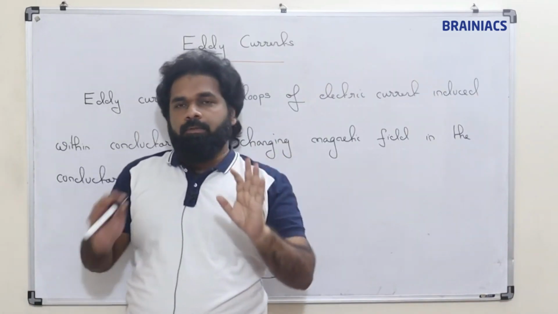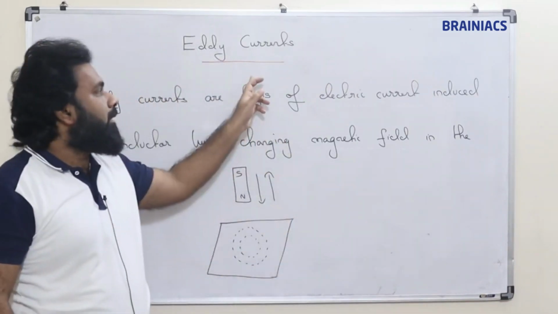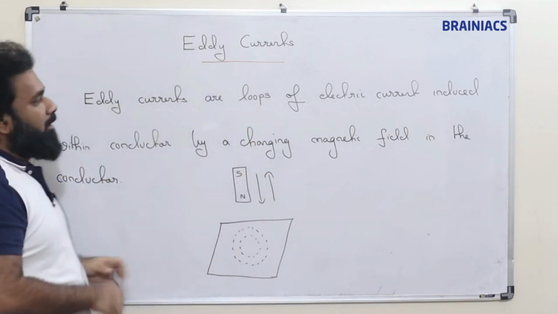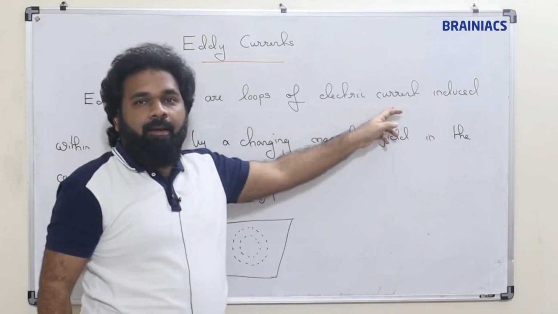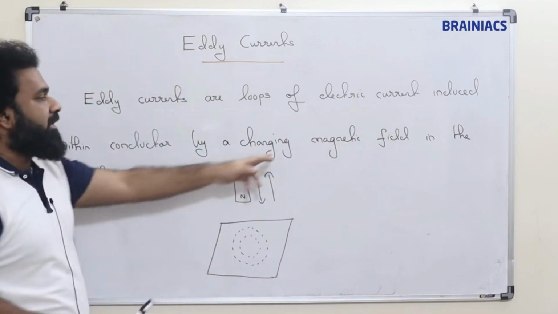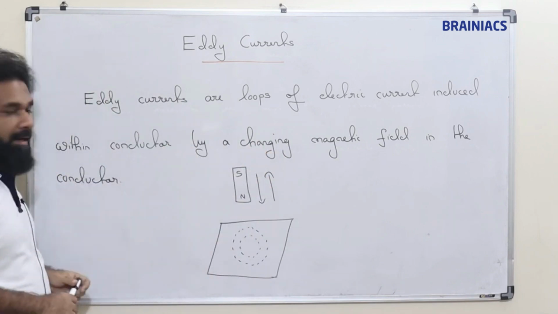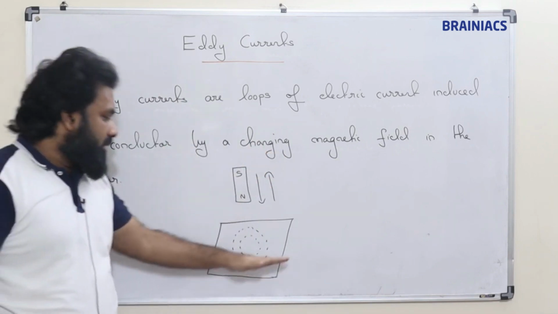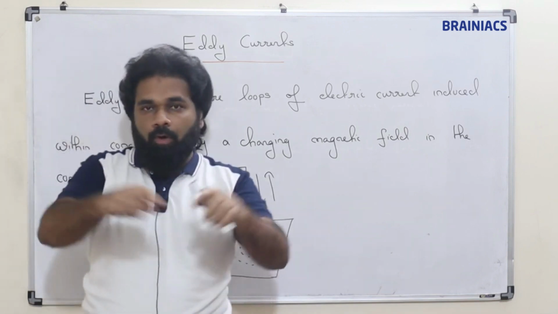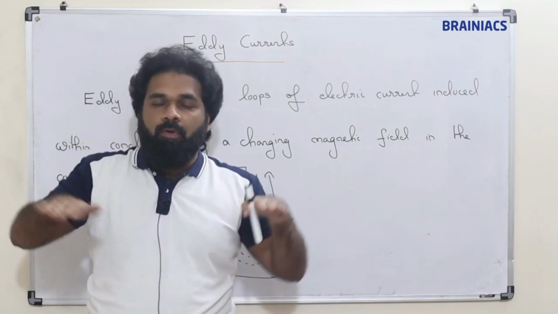See, students, another small topic is eddy currents. Eddy currents are loops of electric current induced within a conductor by a changing magnetic field in the conductor. Suppose we have a conductor here, not a loop, but a solid disc.